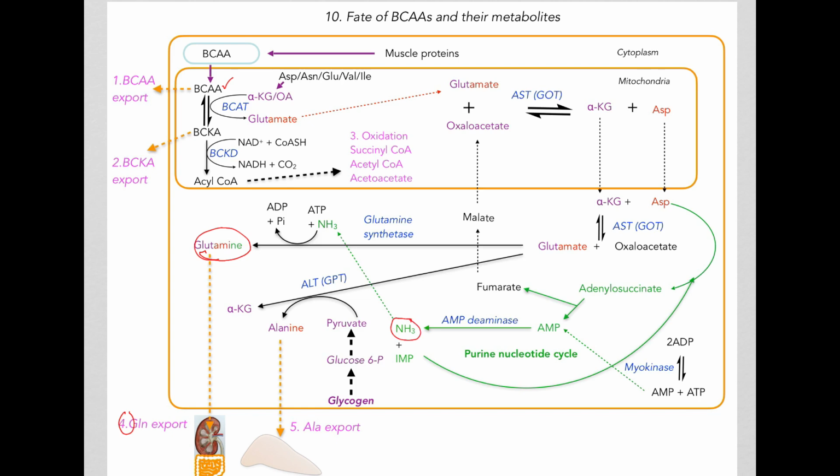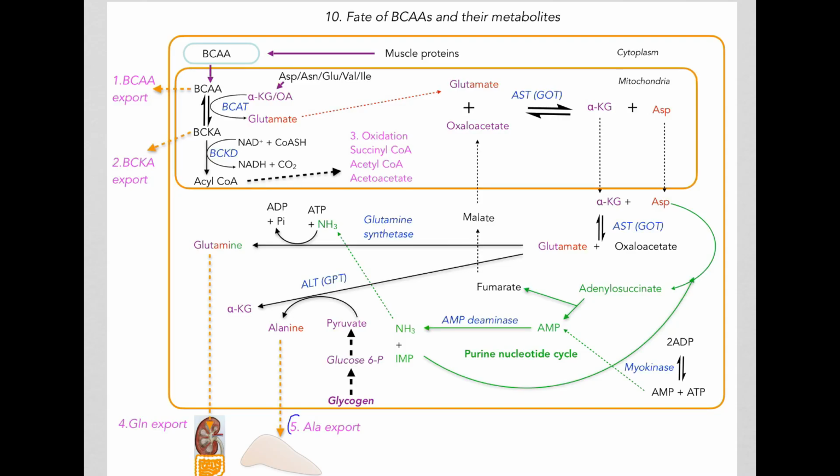The ammonia will give you the amide group of glutamine, and the carbon skeletons will come from the branched chain. So this glutamine will be exported out of the skeletal muscles to the gluconeogenesis organs, especially the kidneys and the small intestine, which tend to use more glutamine than alanine.